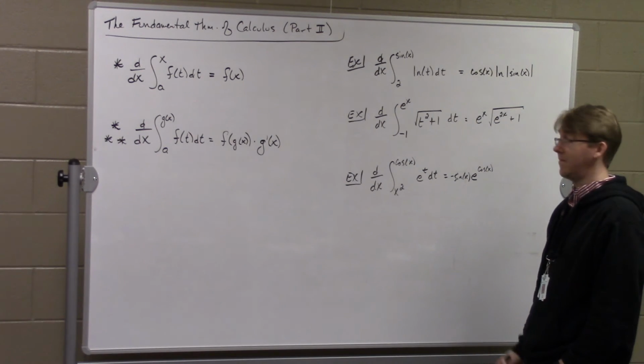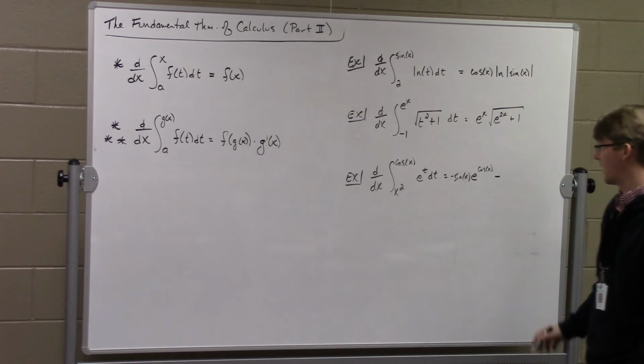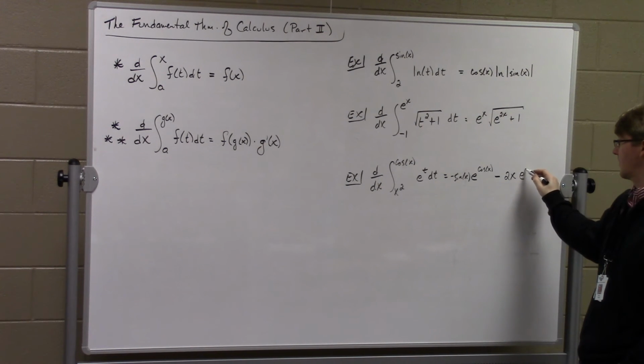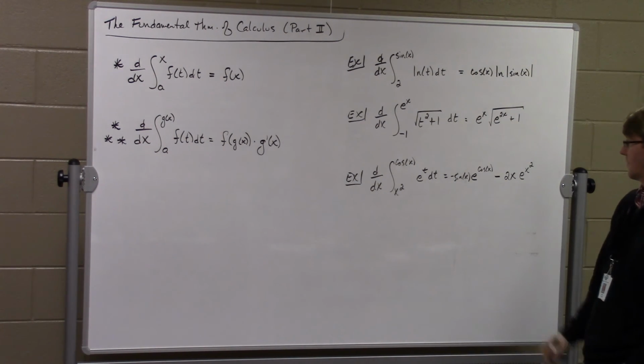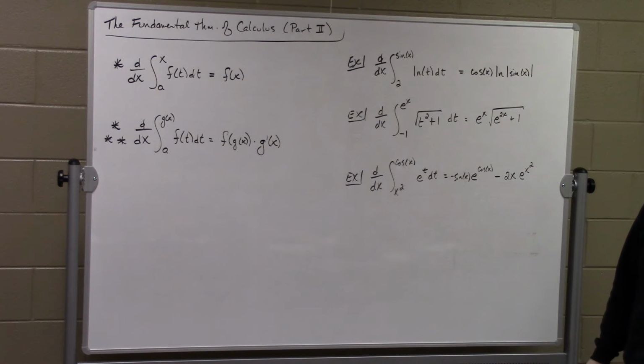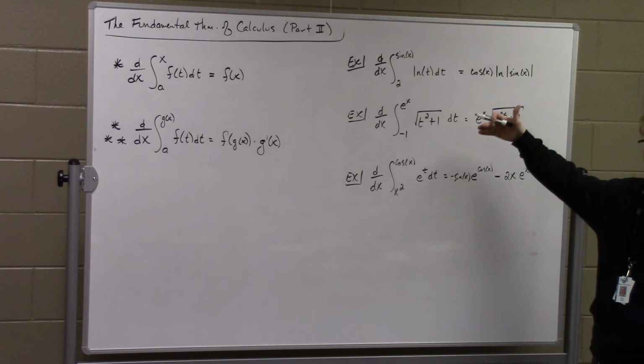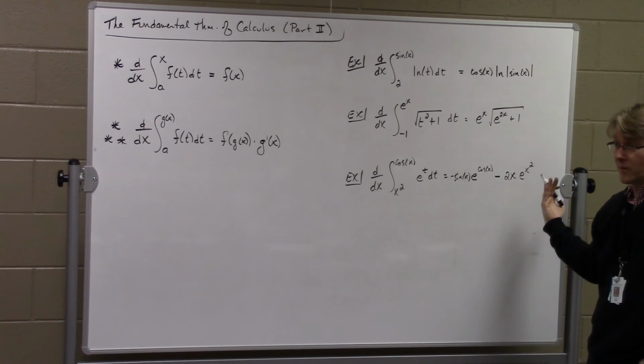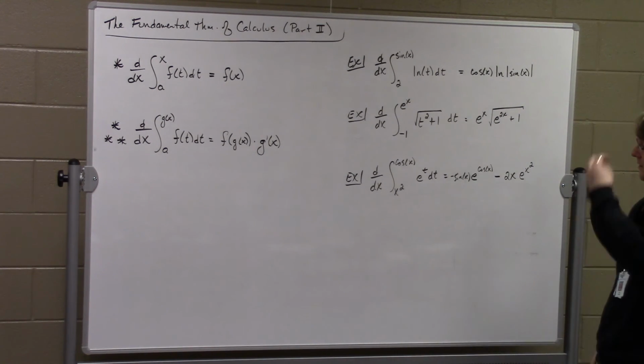Minus 2x e to the x squared. Oh yeah, because you have to plug it back in. We're just doing top minus bottom, same way we've done: plug in the top, do your thing, plug in the bottom, do your thing, subtract. It's the same way we've done anti-derivatives last week, okay?